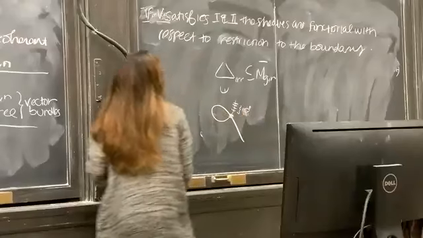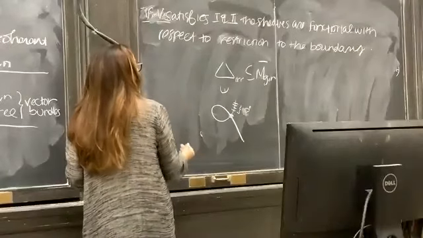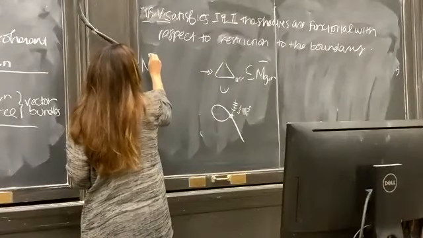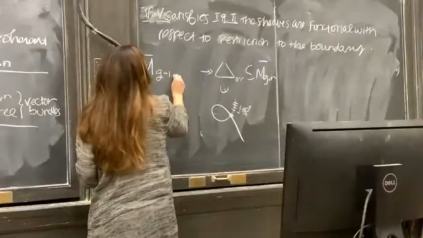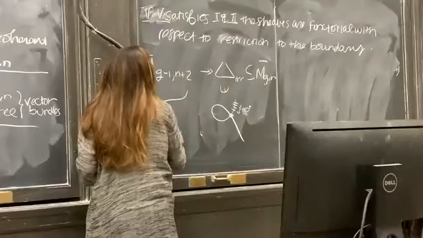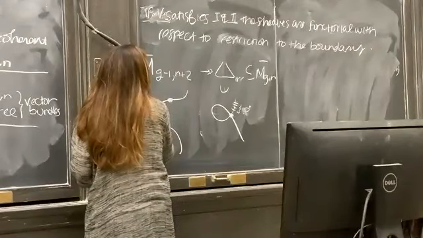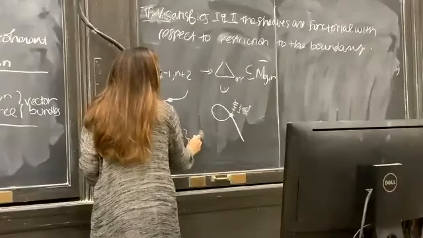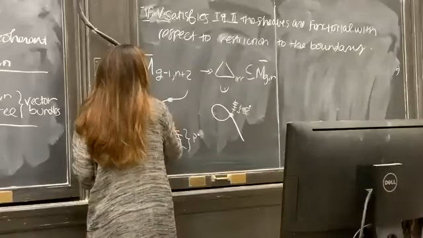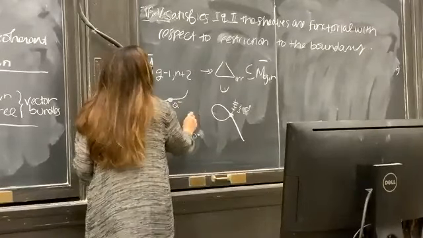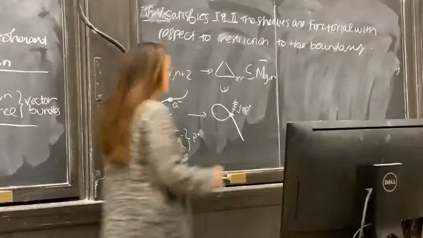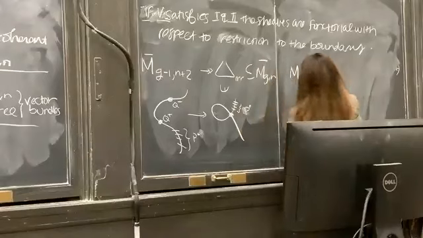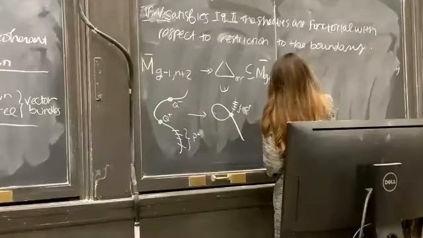And this boundary component receives a surjective map from M_{g-1,n+2}, where we just have a curve of genus g-1 with the marked points and 2 extra marked points, and the map is attaching the points. This is a tautological clutching map.